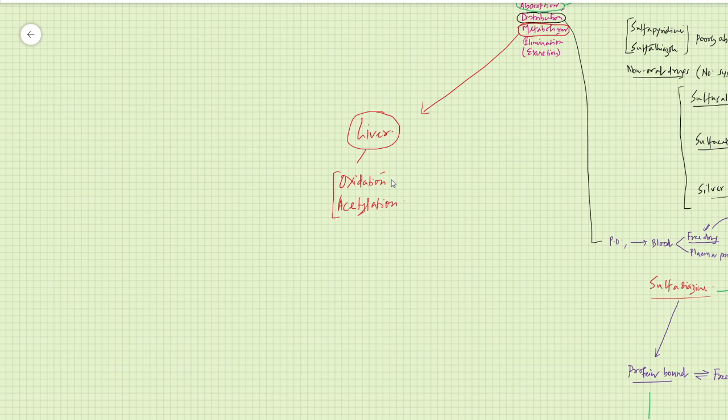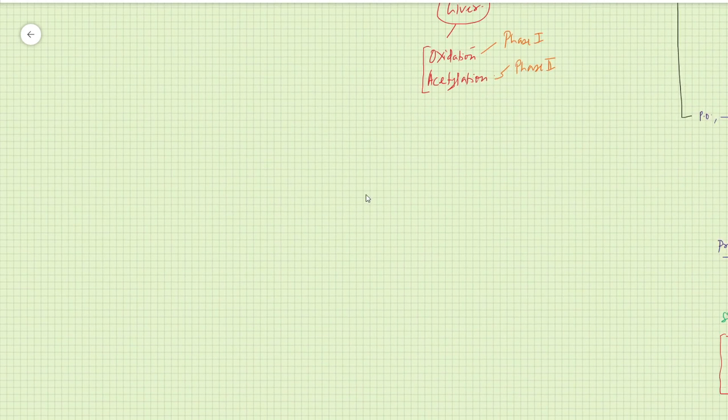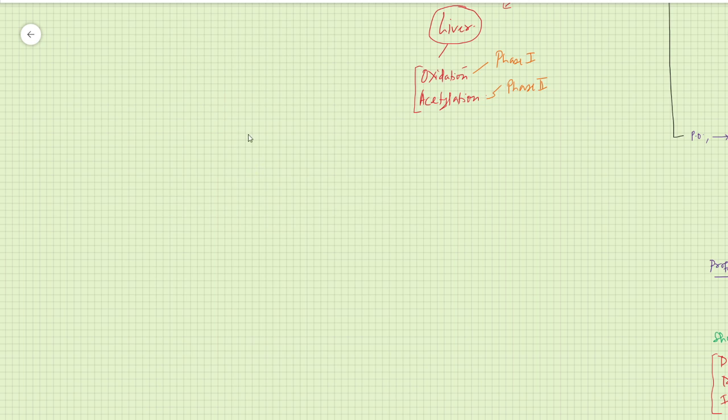Okay. So oxidation is a phase 1 reaction, and acetylation is phase 2. Okay. So when we studied metabolism, we have learned about this. Okay. So let's try to explain this with the chemical structure. Okay. It makes the discussion a bit easier to explain logically. Okay.